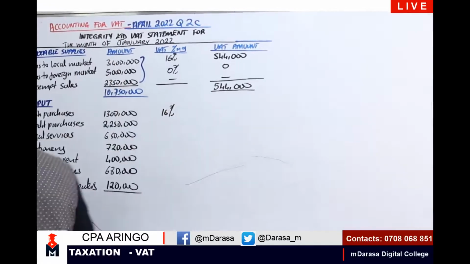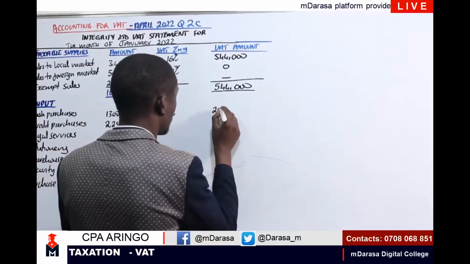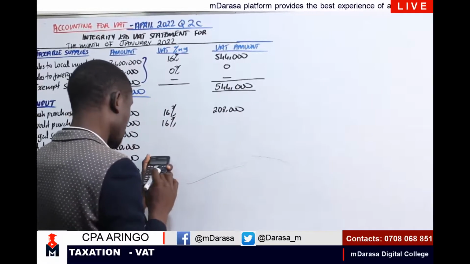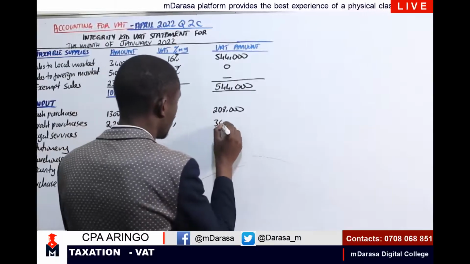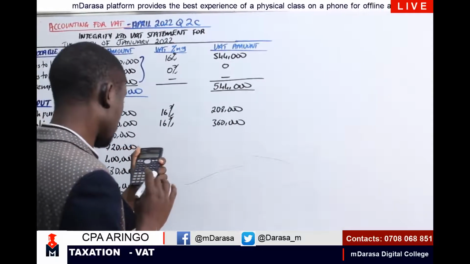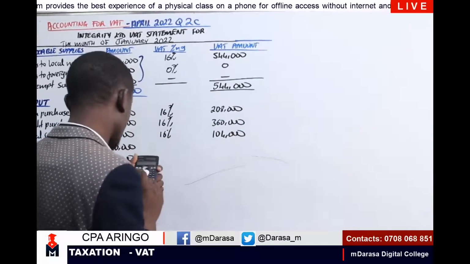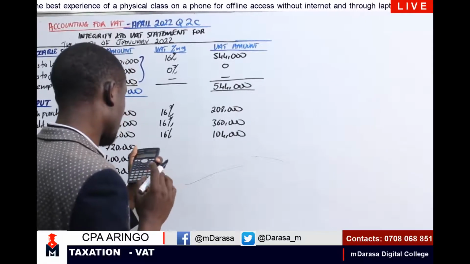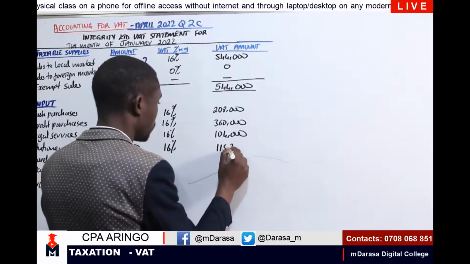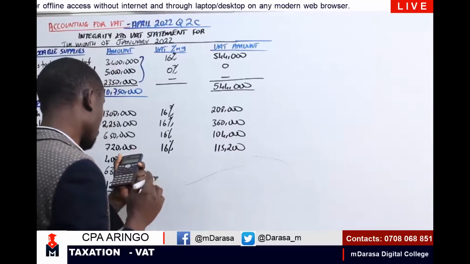That should give us what? 1.3 times 0.16 to give us 208,000. 2250 times 0.16 to give us 360,000. 650 by 0.16, that should give us 104,000. 720 by 0.16, that should give us 115,200. 400 by 0.16, this should give us 64,000.